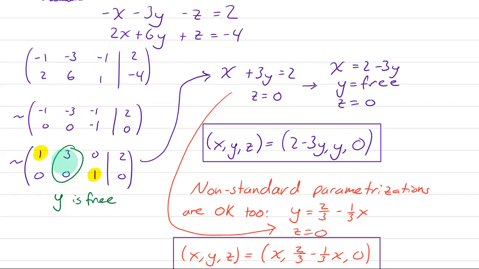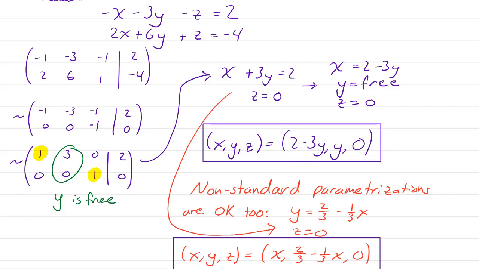So yeah, we find that y is actually a free variable here, and this last row ends up giving you just z equals 0. So we solve for x in terms of the free variable y and write it out as this parametric form, where everything's written out in terms of y.